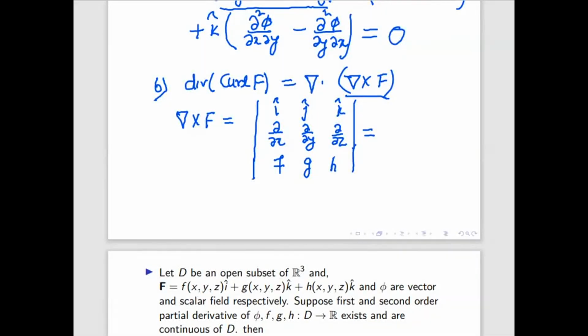So now what will be the cross product? Will come i times del h by del y minus del g by del z. This is the ith component.